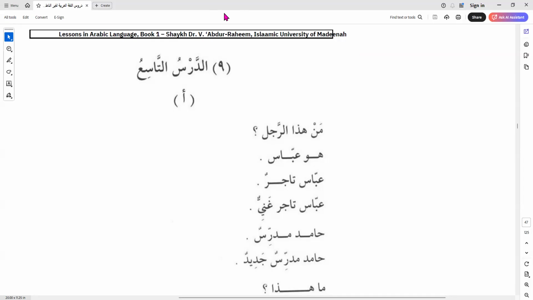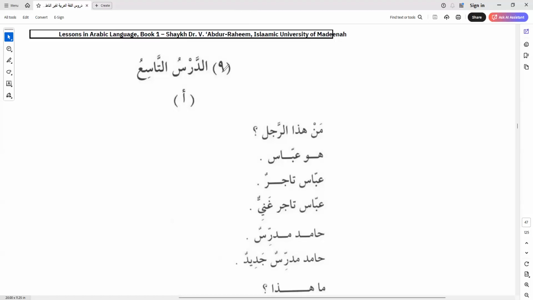Today we're looking at lesson number 9, الدرس التاسع, and then section A. We've already gone through this, so if you are catching up, you can start with the episode part one. This is how we write Tisa or nine in Arabic.